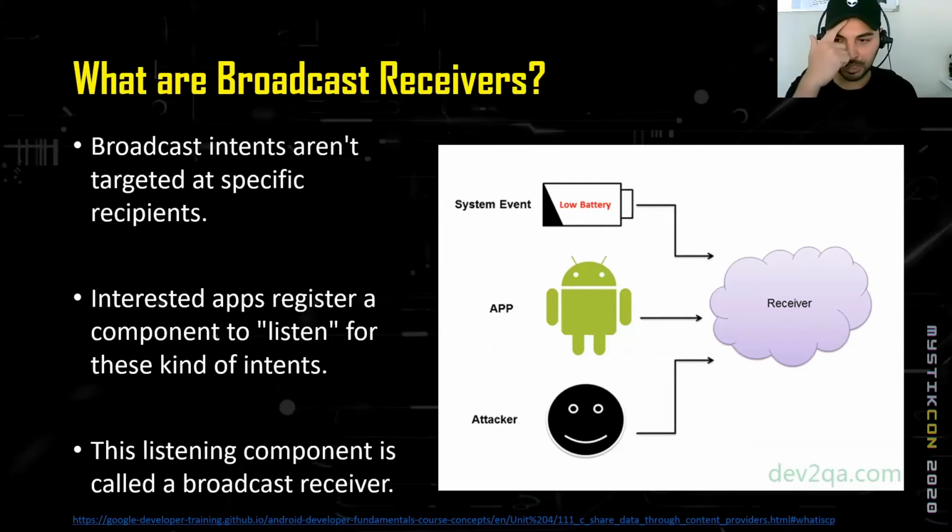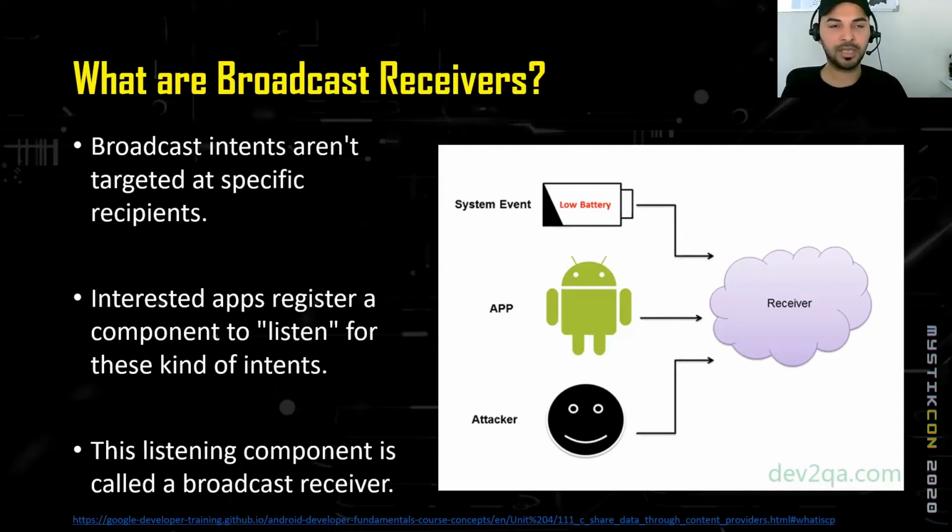For example, say the battery goes low on your phone, all the apps are aware of it, because sometimes maybe the brightness would go down because the battery is low, and the only reason the app can do it is because it has a component or a receiver registered for it. So the system will broadcast it, and the receiver that your app has registered would listen for that particular broadcast, and then your app would act accordingly.